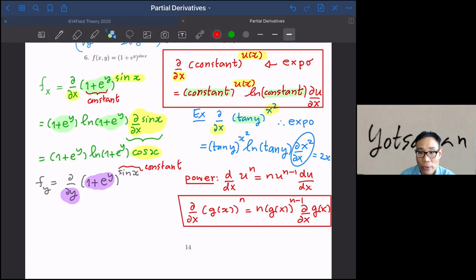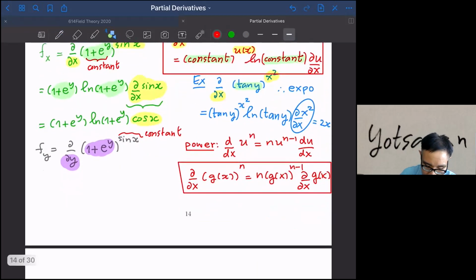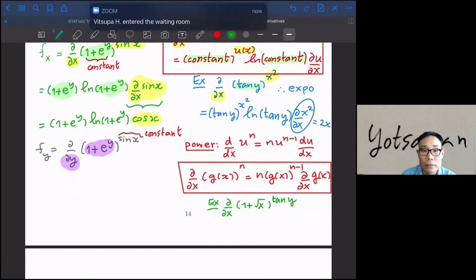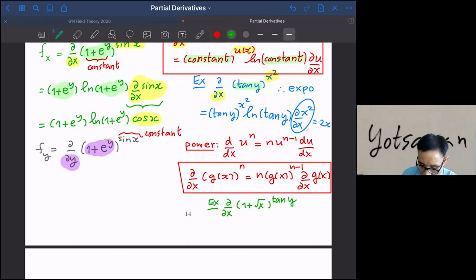So that is just the power rule. For example, let me also give you one example before we move on. If you are asking for d/dx of (1 + √x)^(10y).